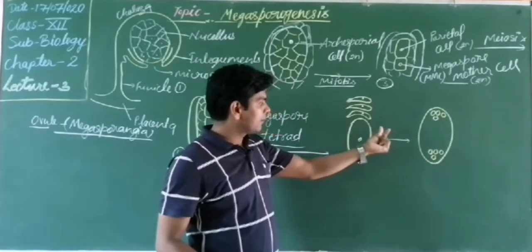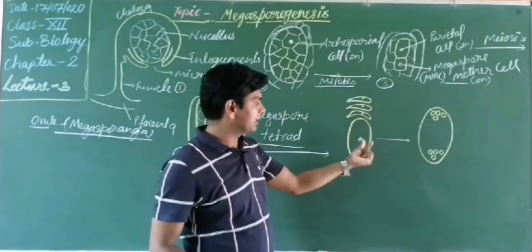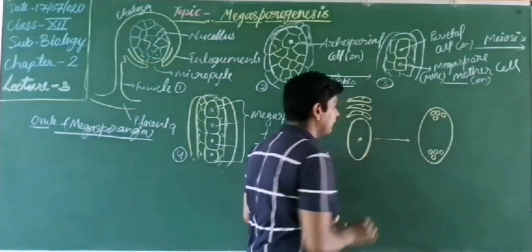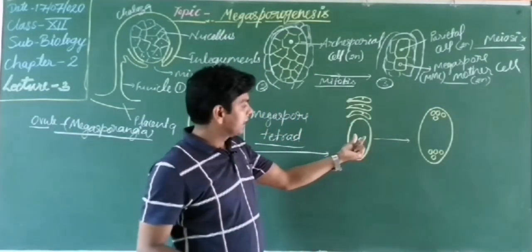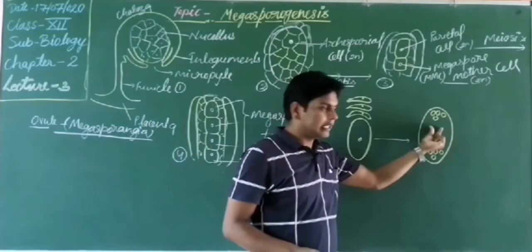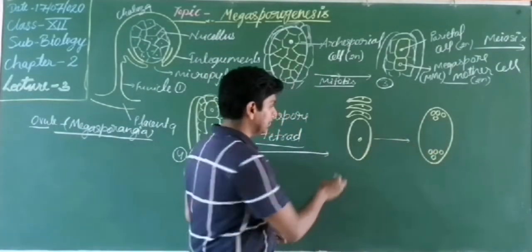So these are the 3 mitotic divisions. After 3 mitotic divisions, it forms 8 nuclei inside this one. So what is it?